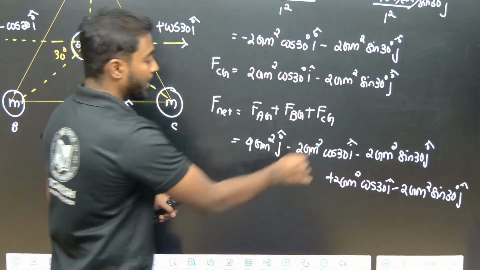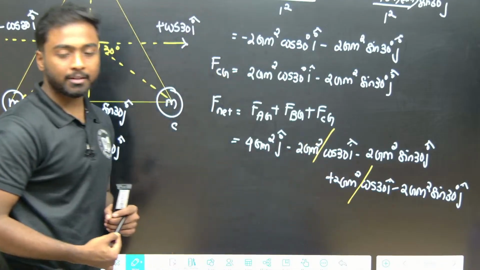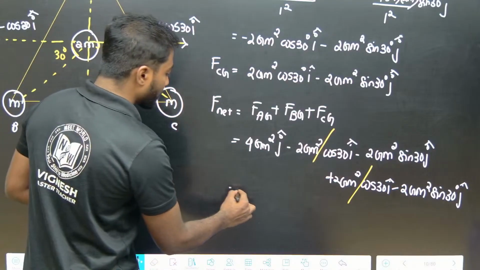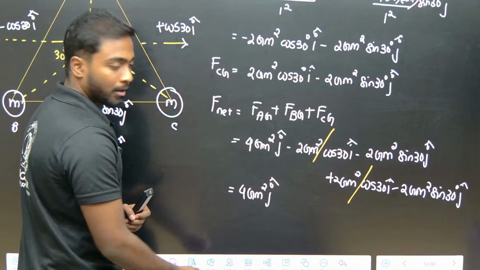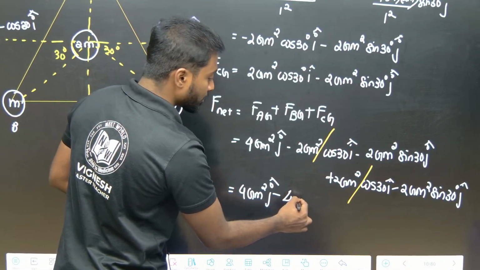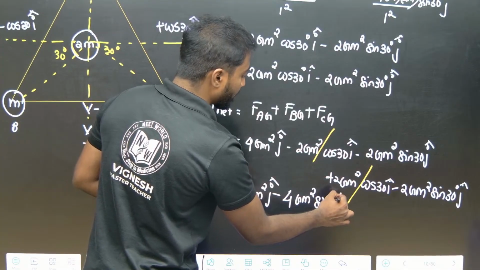So here, minus 2g m square cos 30 i cap plus 2g m square cos 30 i cap cancel out. So the remaining will be 4g m square j cap minus 4g m square sin 30 j cap, right?